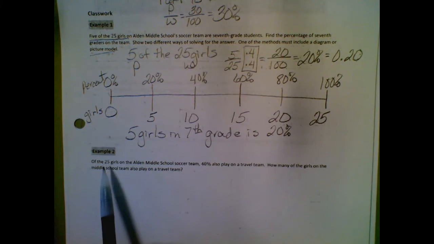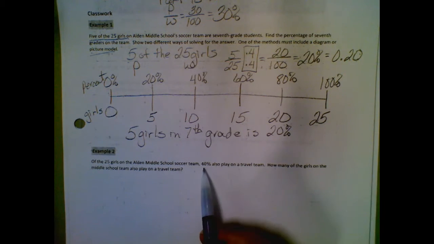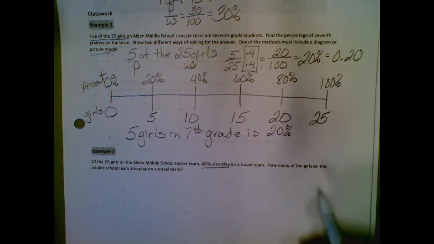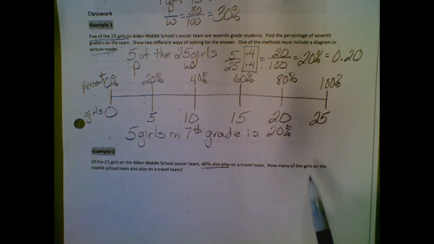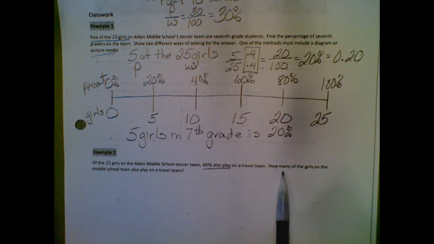So, example 2: of the 25 girls on Aiden Middle School soccer team, 40% also play on a travel team. Okay, so therefore, I see how many of the girls on the middle school team also play on the travel team.